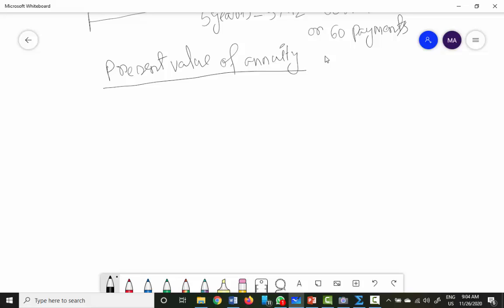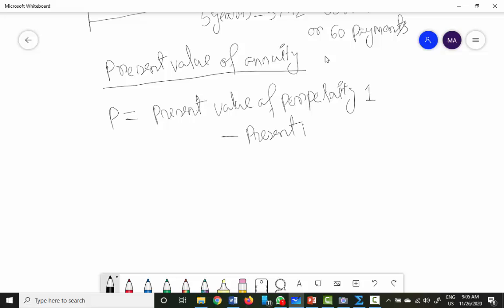I remember it this way: present value of annuity equals present value of perpetuity 1 minus present value of perpetuity 2.